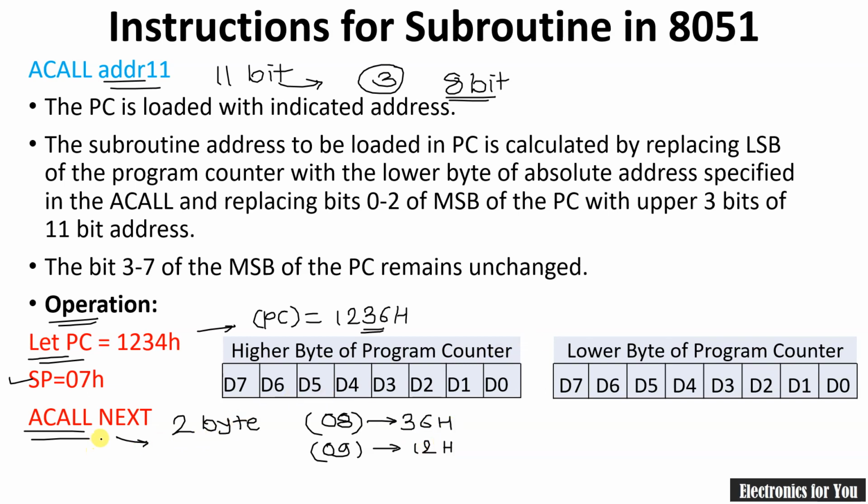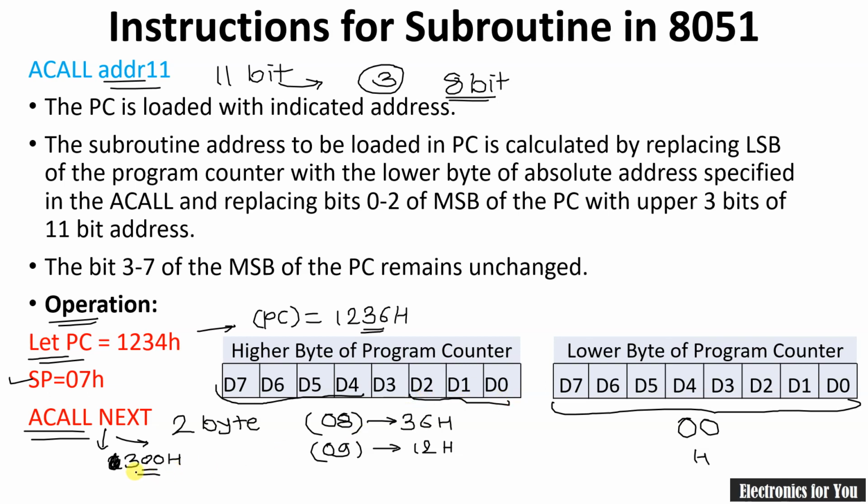Now if this next label is indicating some random value like 2300h, actually not 2300, it will indicate some 300h because it only has an 11-bit address. Okay, so this lower byte is just copied here. Lower byte of this label is copied here, that is 00 will be just copied.